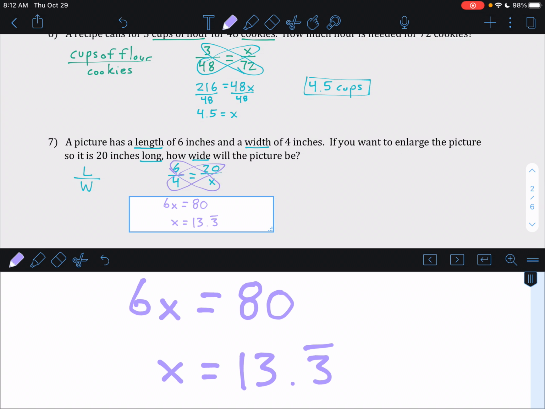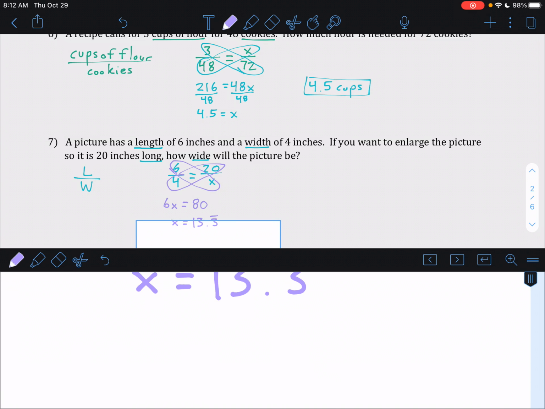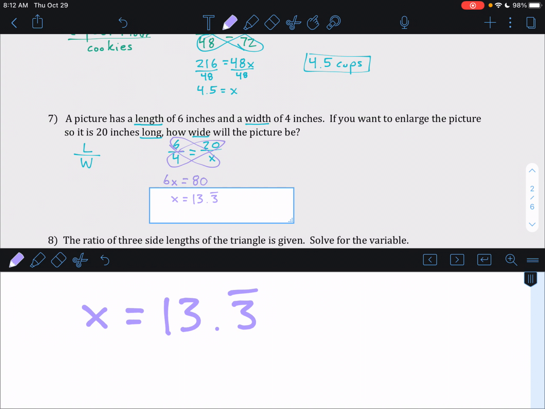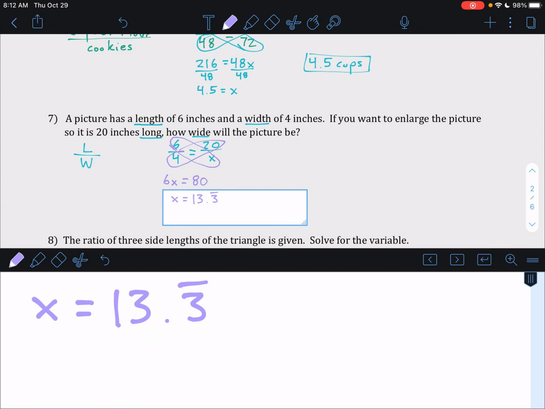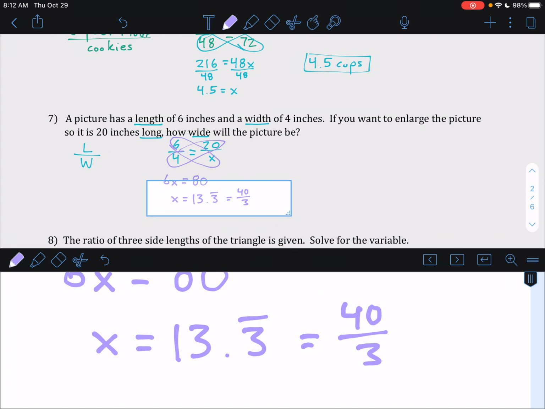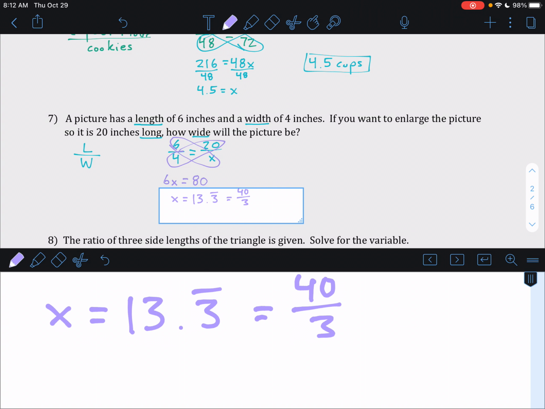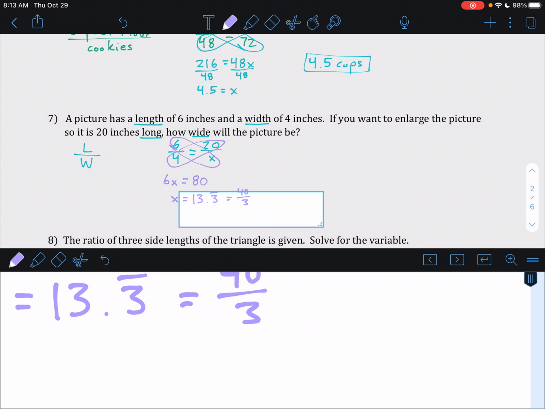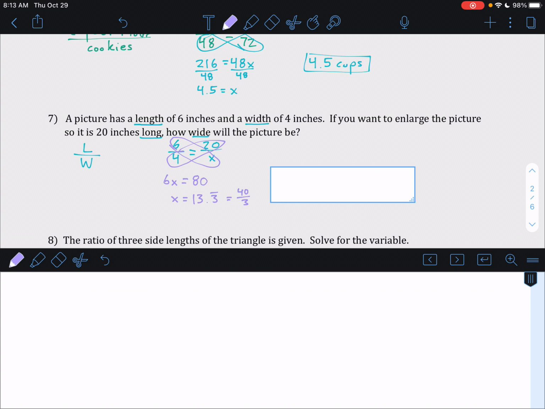No. So what we would do with only these types of problems, well, actually, another way I could write this would be 40 over 3, but I'm also not going to say, can I get 40 over 3 inches? No, that doesn't make sense either. So the way I would write this, remember that 0.3 repeating is 1/3.